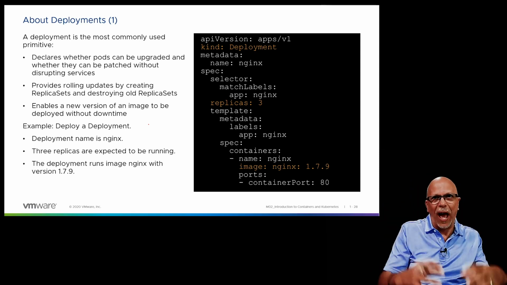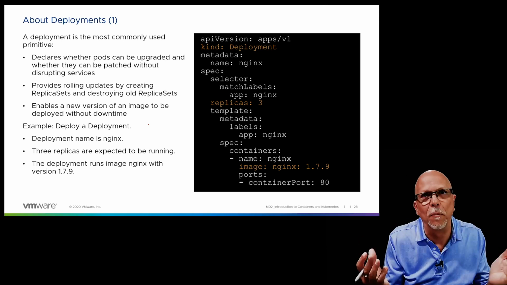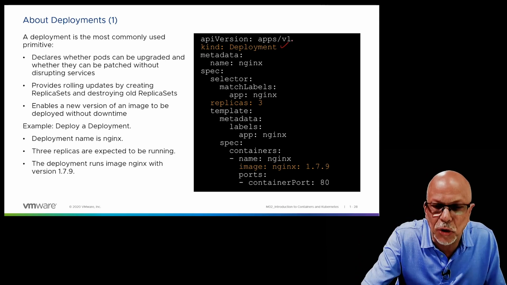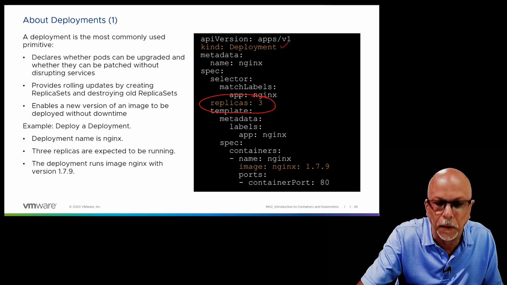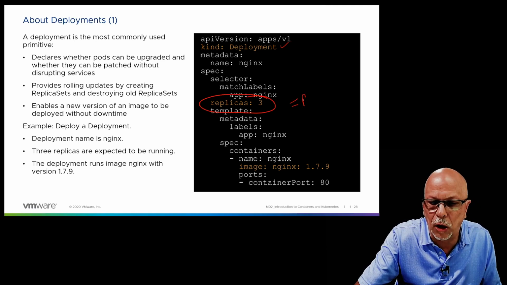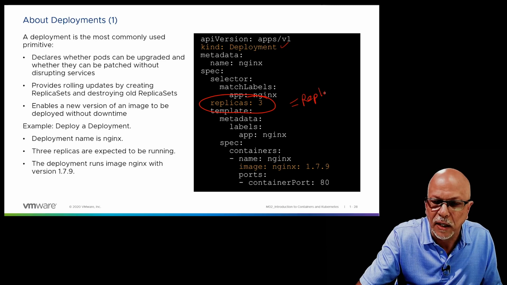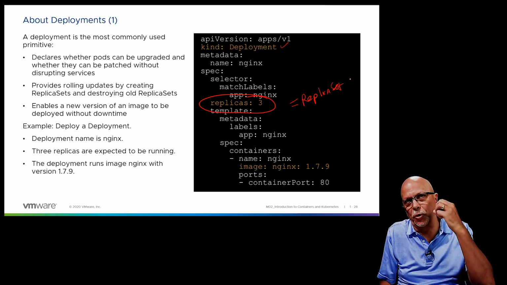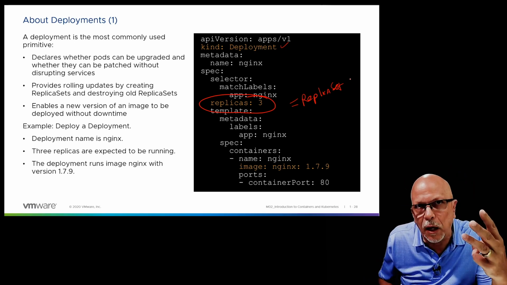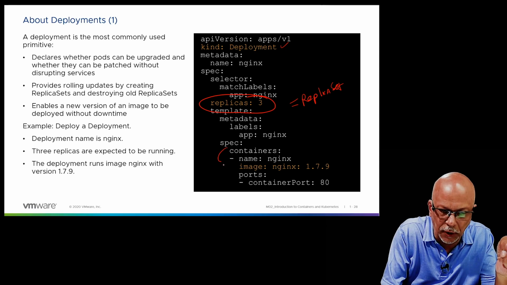See, those last 2 at the bottom were done for me automatically by using a deployment. So my deployment does have a replicas here. This is going to result in a replica set getting created that the controller loop's going to be watching to make sure that we always have 3 of these pods defined down here.